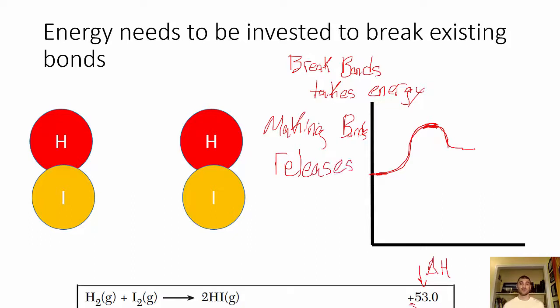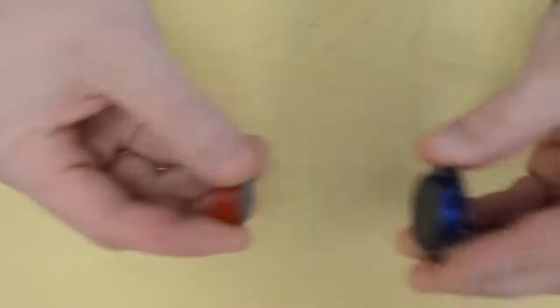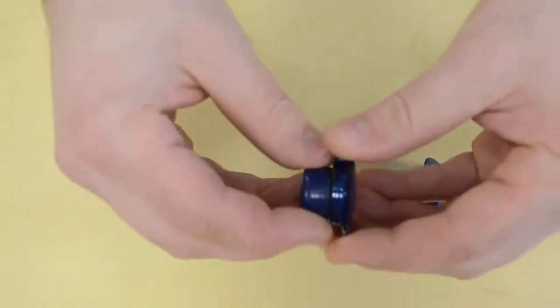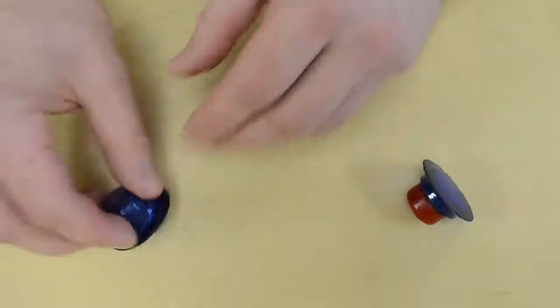Now what happens overall is dependent on how much energy you need to put in versus how much energy you got out. So for this example, we had to put in energy, right? So it's kind of like magnets. We got two different magnets being bonded together right now. First I have to break that bond, so I got to invest some energy, and you can hear that energy being released when it comes back together. Same thing over here. Two different magnets, certain amount of energy holding them together, got to break it apart.